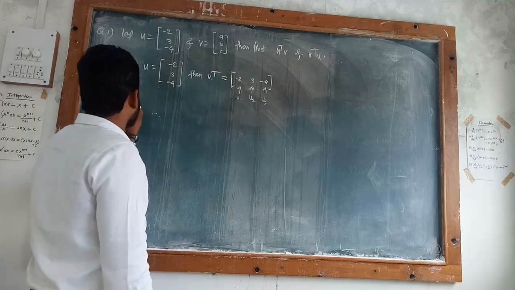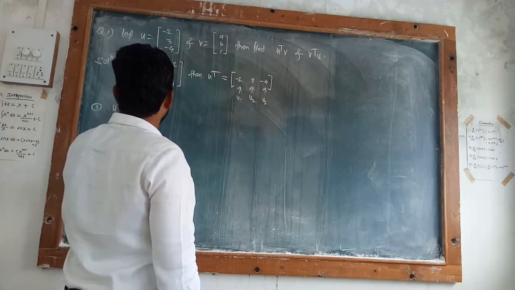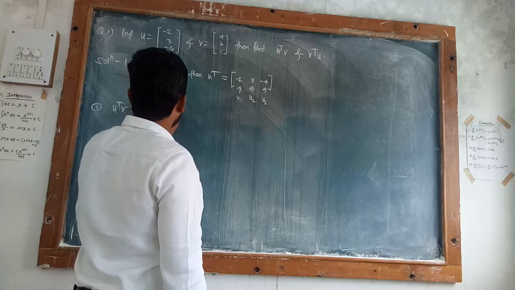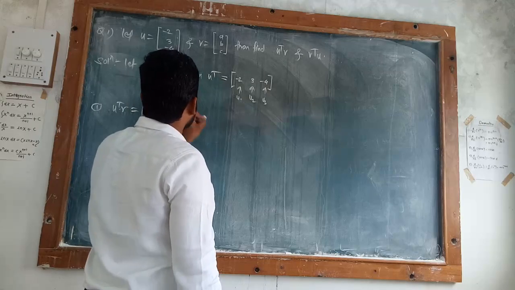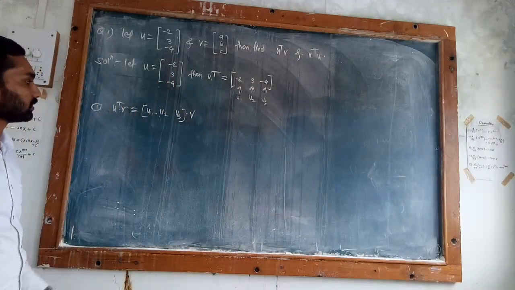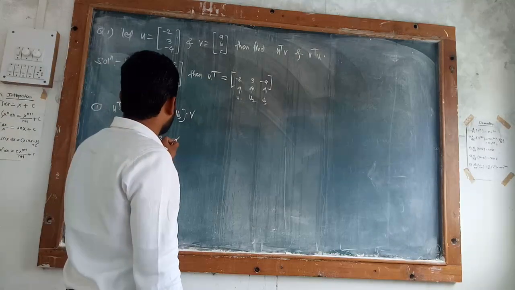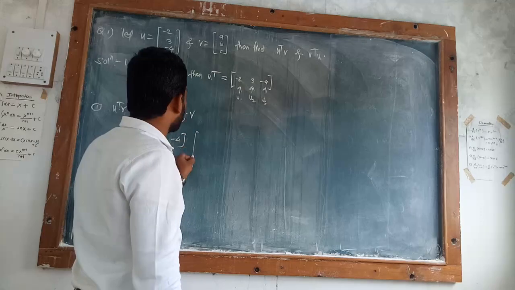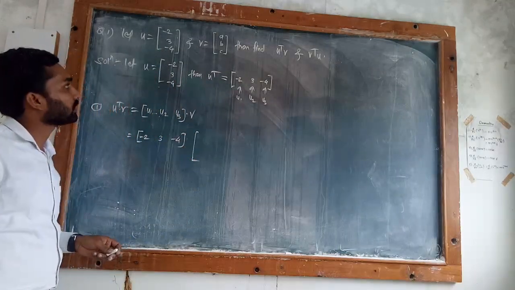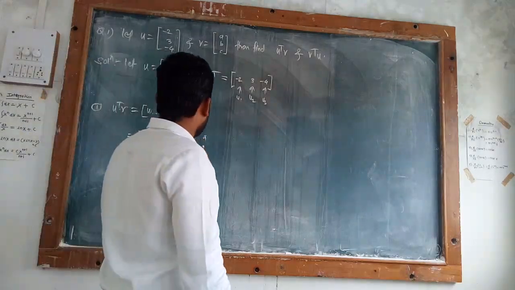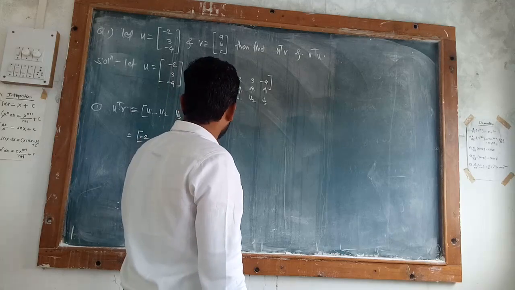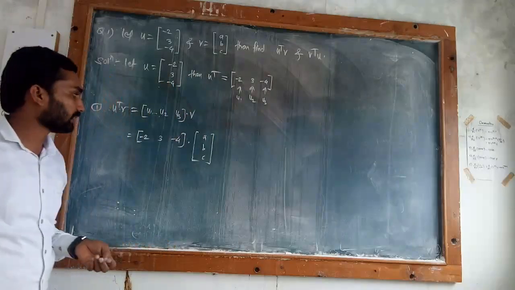How to find u transpose v? Your u transpose becomes u1, u2, u3 multiplied by the column vector v. So whatever u1, u2, u3 are, that is -2, 3, -4, times the column vector v, which is A, B, C. Now we have to take the product, that is multiplication.